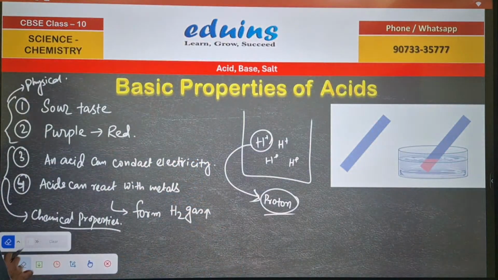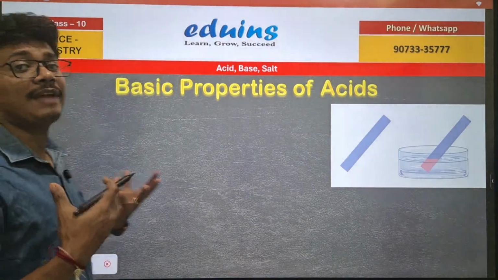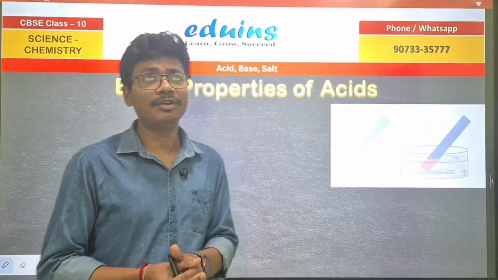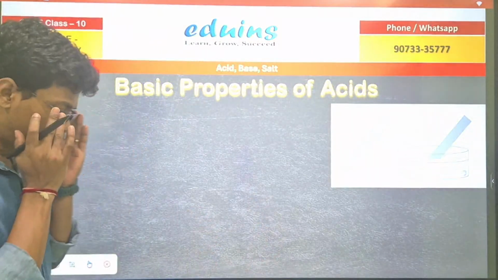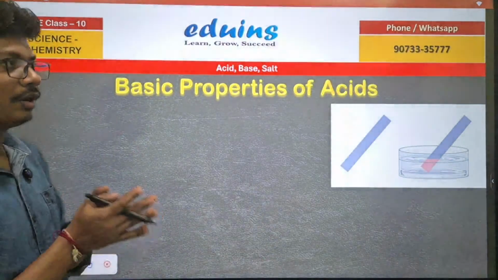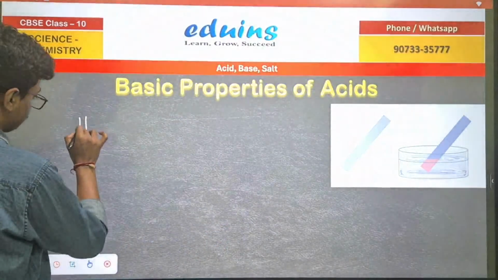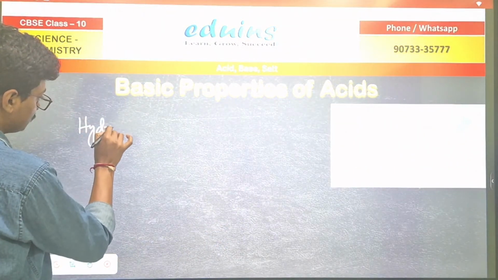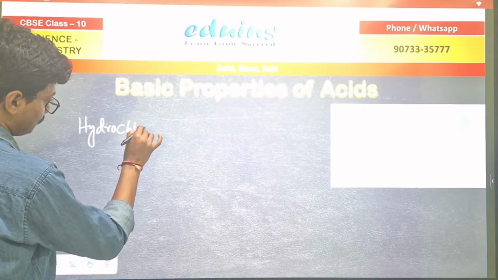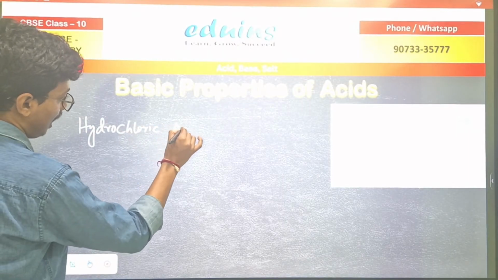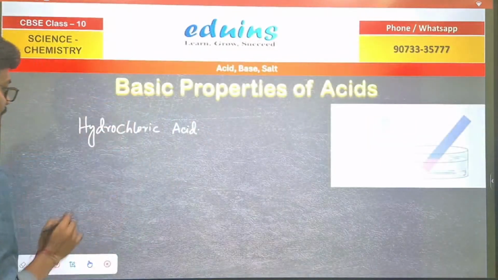Now the question is the names of acids. What are the names of acids? The basic and easy example of an acid you may remember is hydrochloric acid.